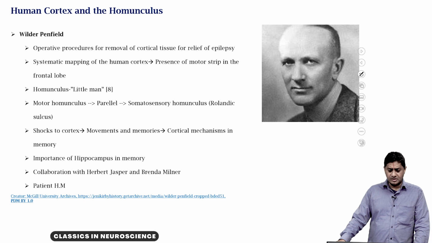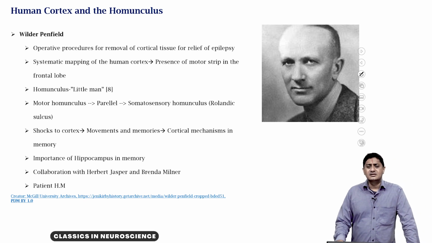Of course, what he found was that there was a disproportionate representation of the limbs and the face. There was a huge amount of representation of the upper limb when compared with the trunk, for example.